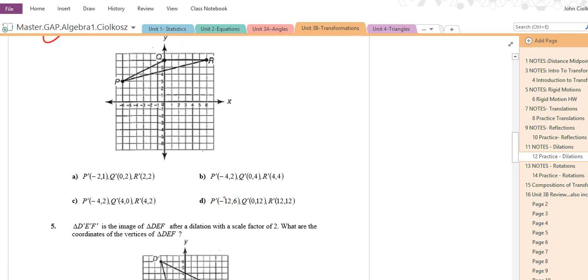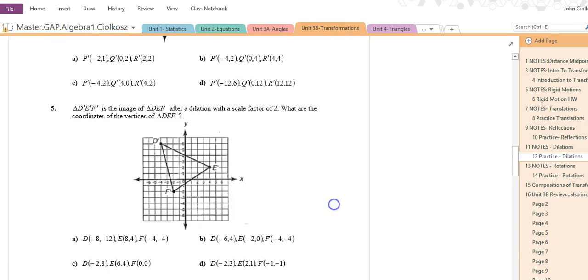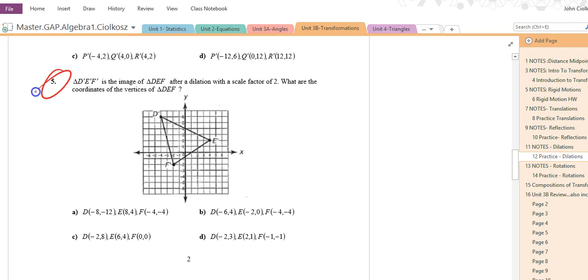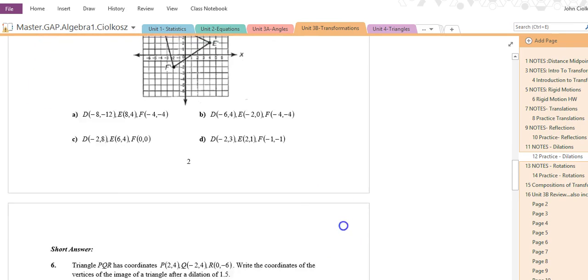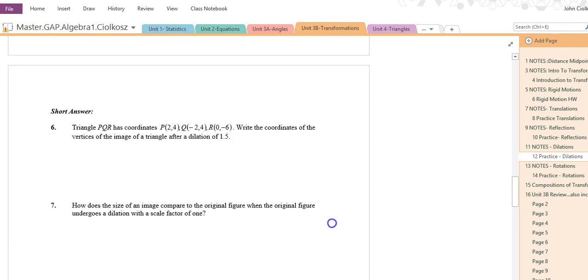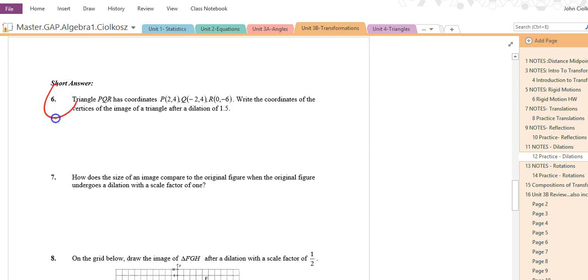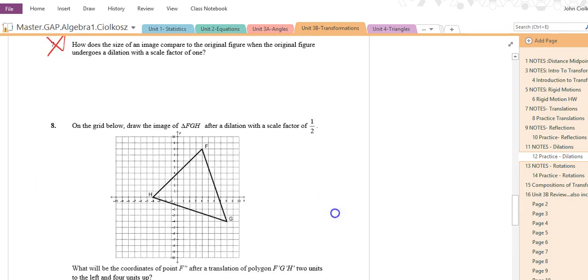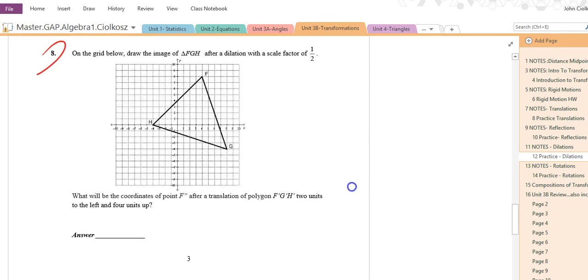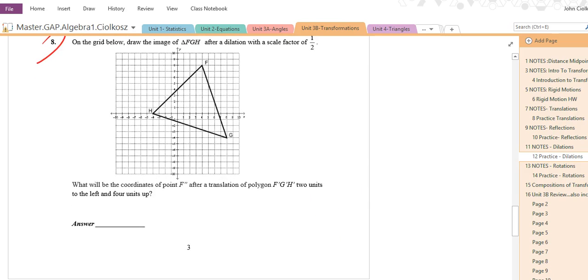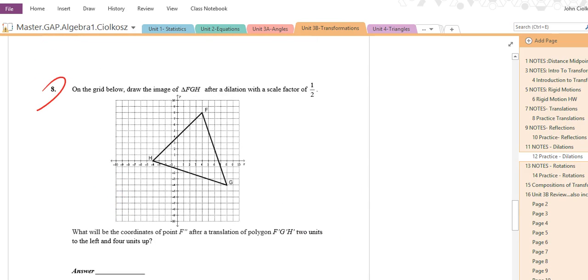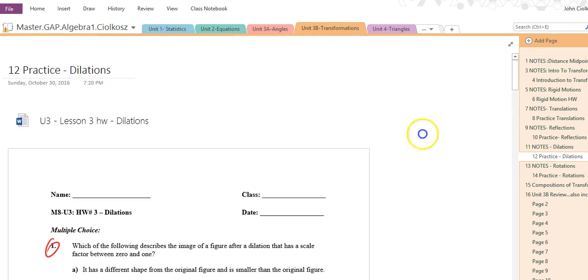So go ahead and do the work, pick the right answer. Let's go ahead and do that one. Again, a multiple choice option. Don't worry about 7. And let's go ahead and do 8. And don't worry about 8. So, those are your practice problems there for 12.